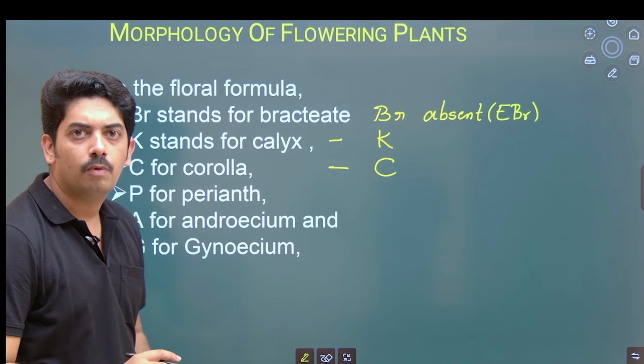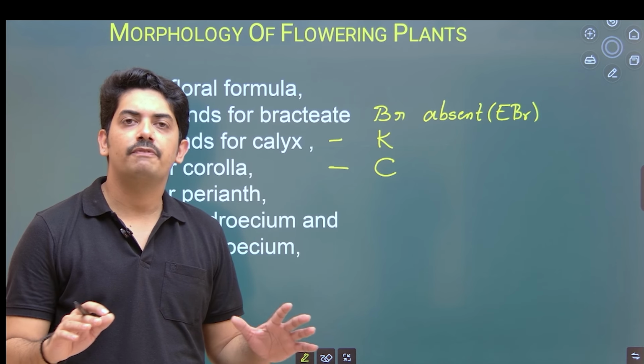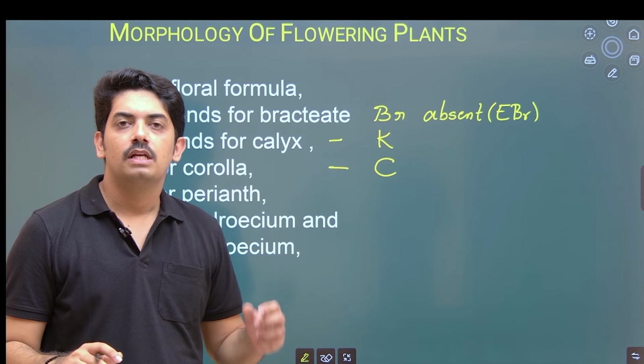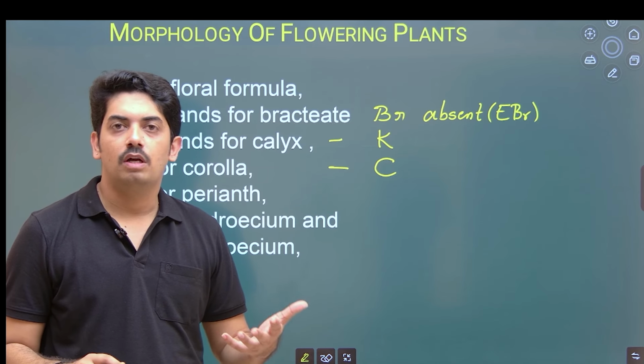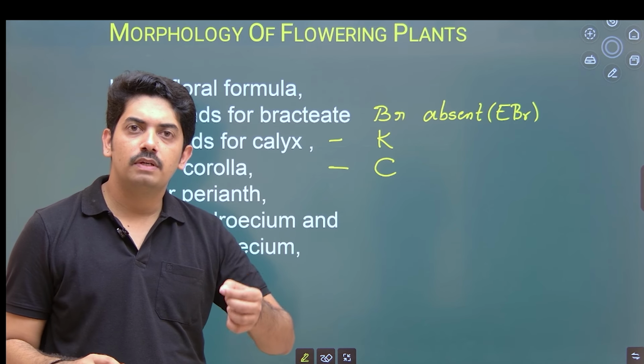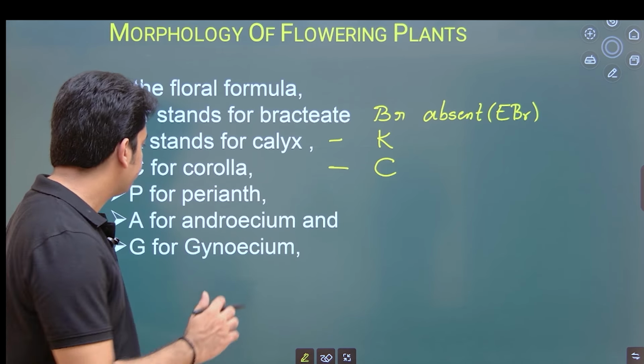Perianth, hope you remember the word perianth. When there is no differentiation between sepal and the petal, then it is called perianth. Individual units of the perianth are called tepals.